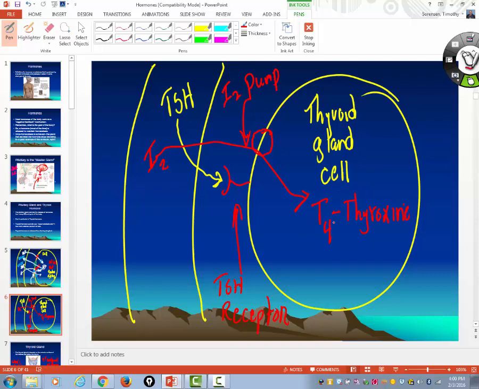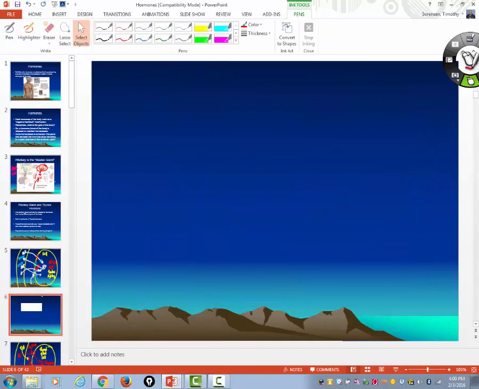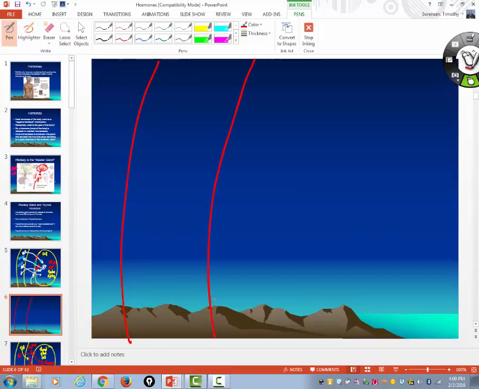But this is what's going on. Once this is produced in the thyroid gland, T4 then exits the thyroid gland cell through the process of exocytosis, gets dumped into the blood, and then it circulates to the liver. So you got T4 in the blood.